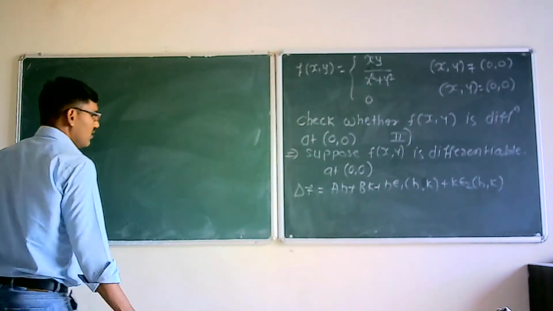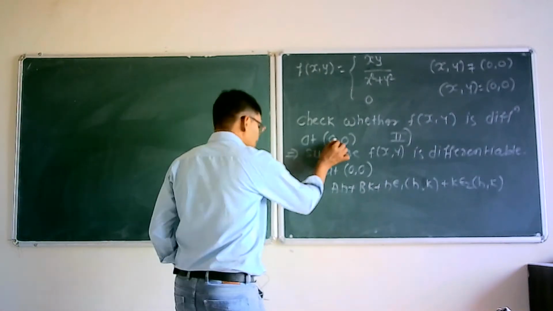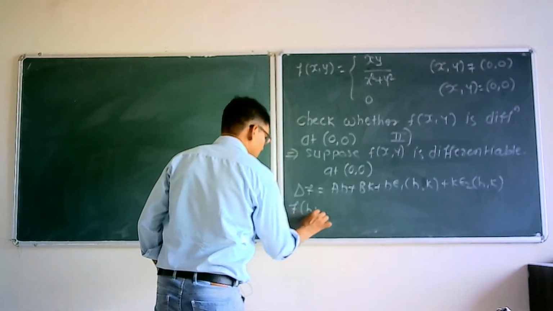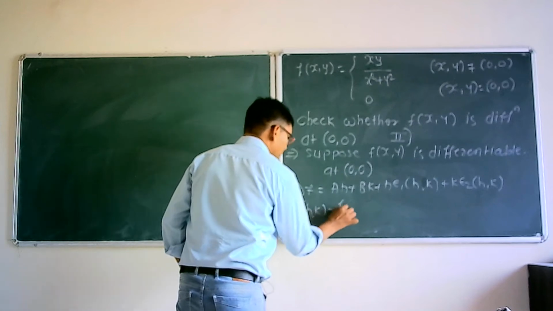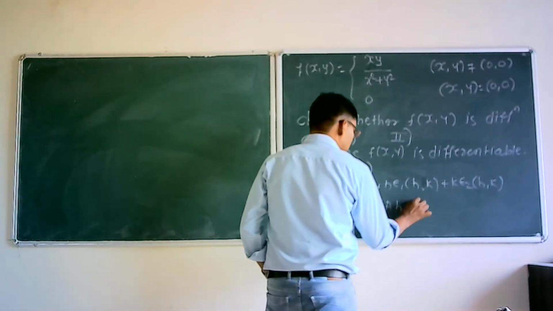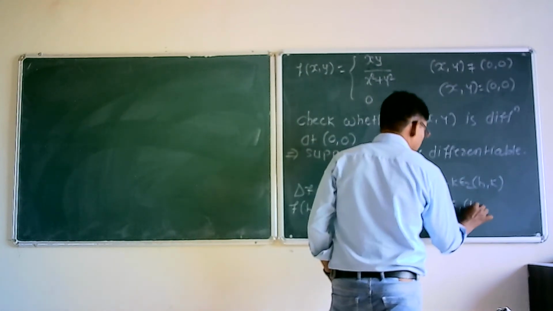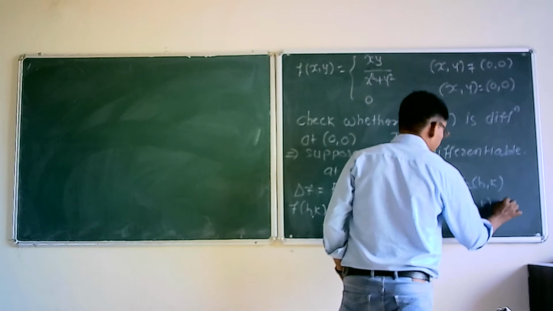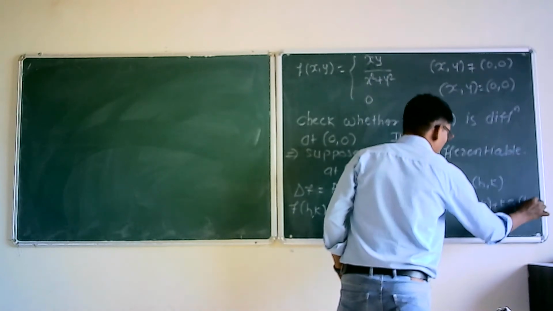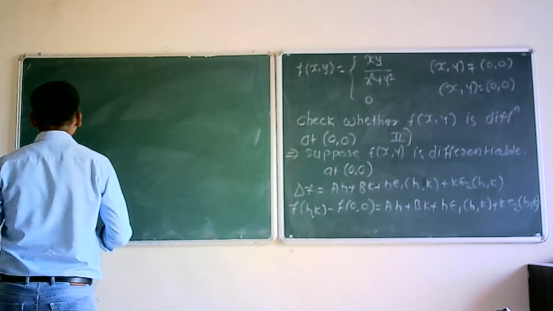So what is your del f? Since we want to check continuity at point 0 0, del f is f of hk minus f of 0 0, which is equal to ah plus bk plus h epsilon 1 hk plus k epsilon 2 hk, where a is equal to f of x 0 0.